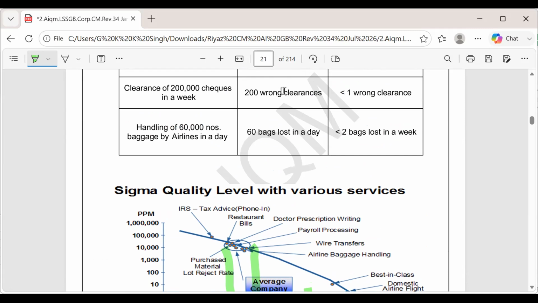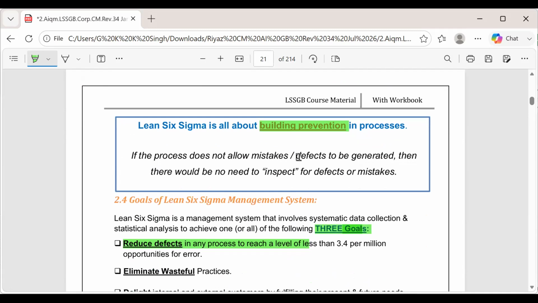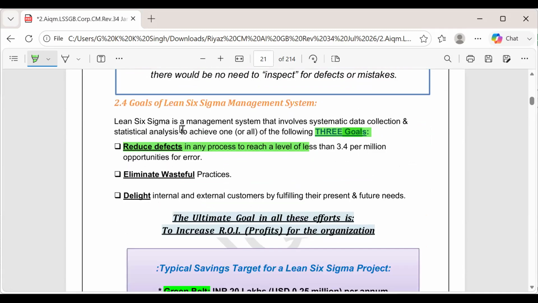So we will go back to page 21. Here I was telling you about the goals of Lean Six Sigma: to reduce the defects to reach the 6 sigma level, eliminate waste in the processes, and increase satisfaction and delight.